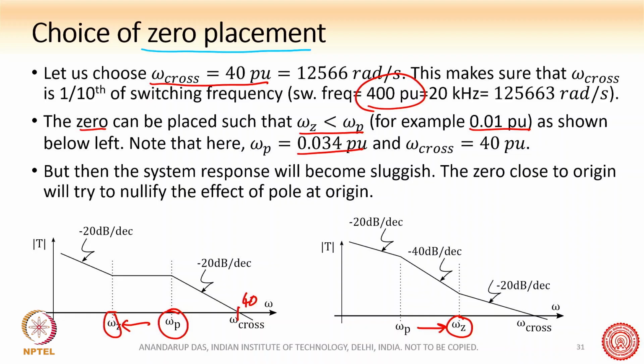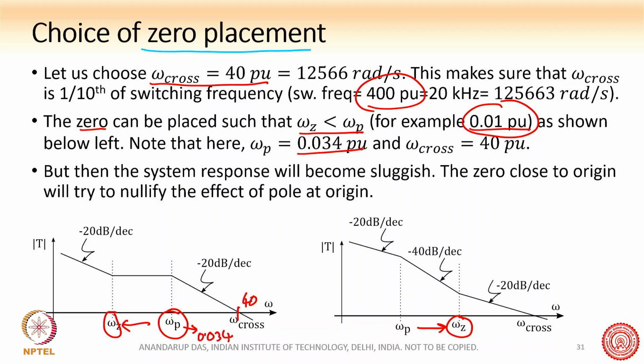Now in this example, again this is where numerical values are important. Suppose you put omega z at a value of 0.01, and omega p is already 0.034.